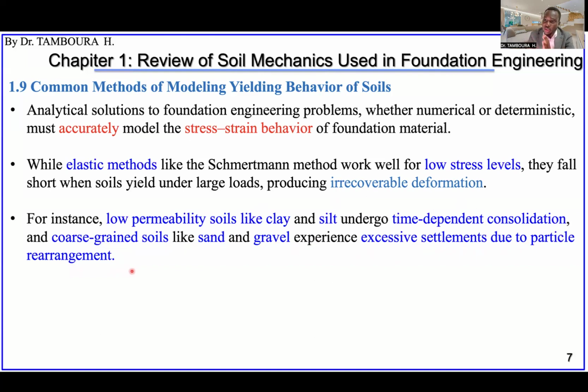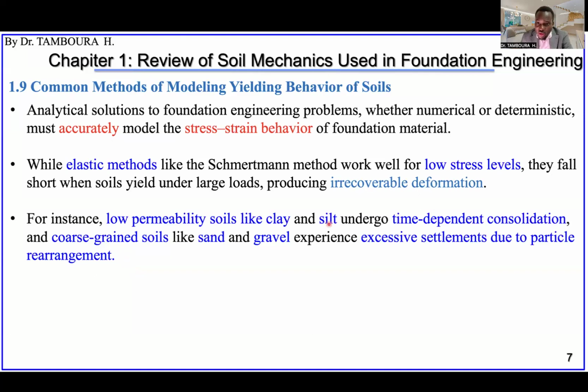It will be like a secondary consolidation, because the positions of the sand or gravel particles will change, and the voids between them will become smaller and smaller because they come close to each other, and there is rotation, because they are not perfectly smooth or spherical.